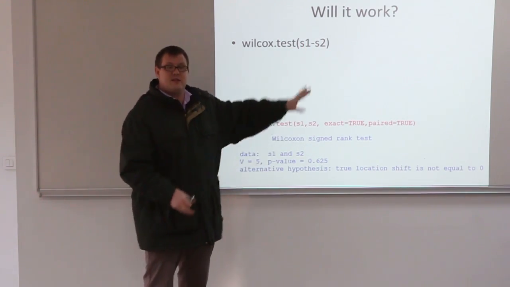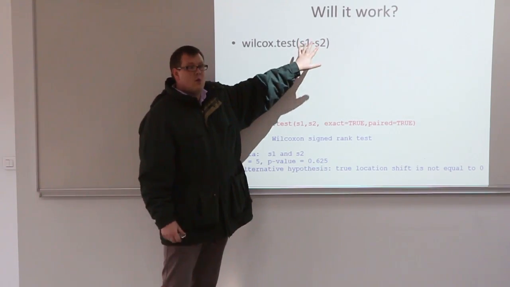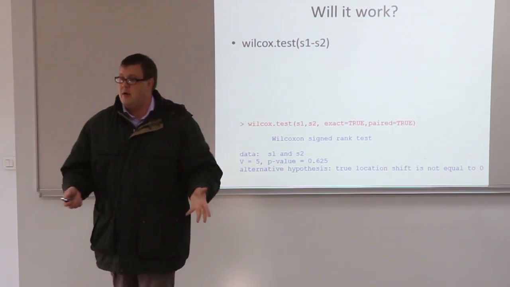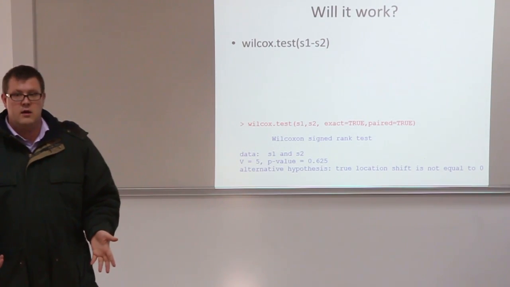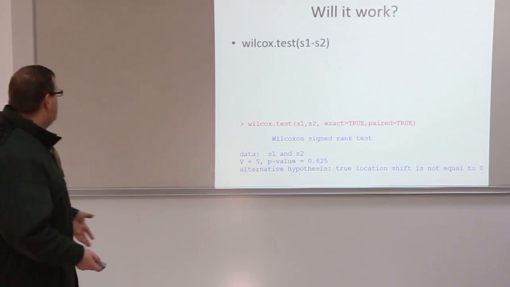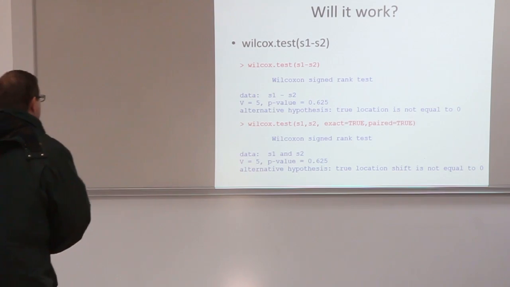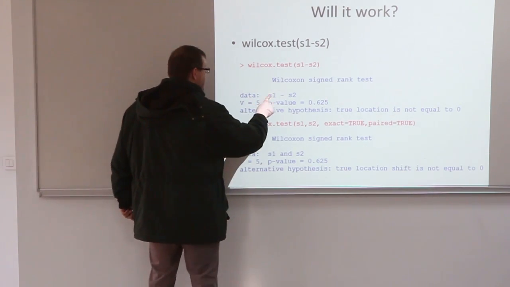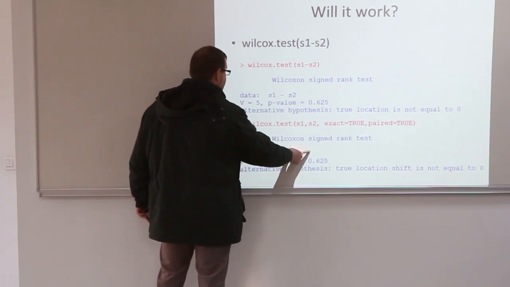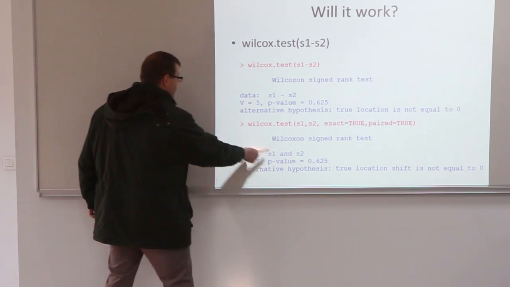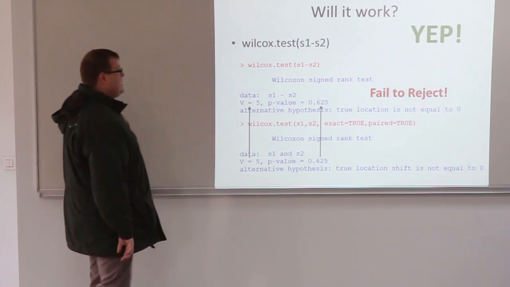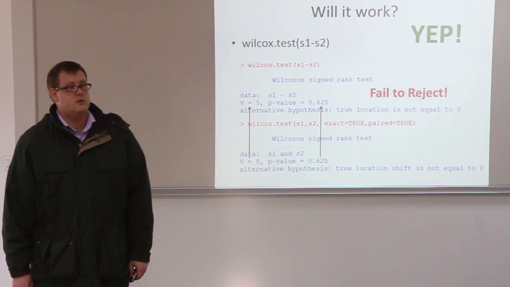We're just getting differences here. So this is just a bunch of differences. We're doing a 1 sample Wilcoxon signed ranks test on the differences. Boom. Notice here the data are S1 minus S2, not S1 and S2. But look, V equals 5, p-value, exactly the same thing. It works.